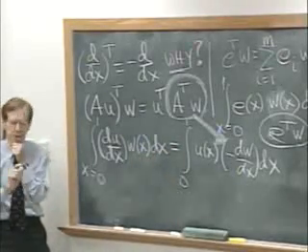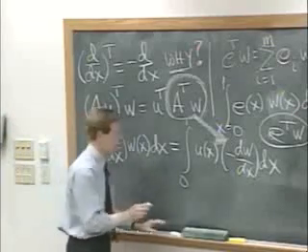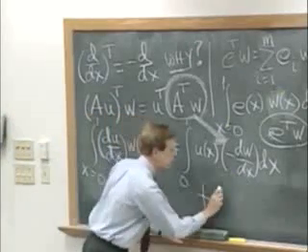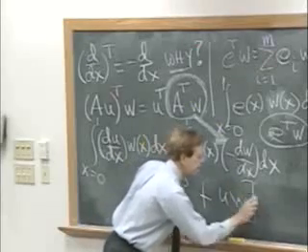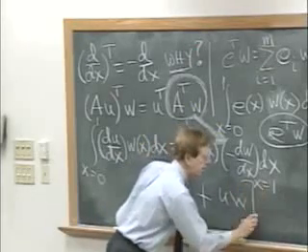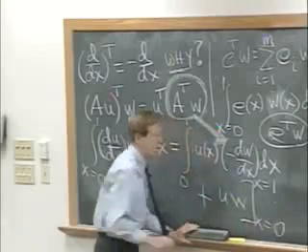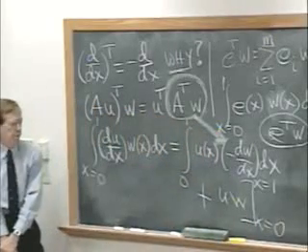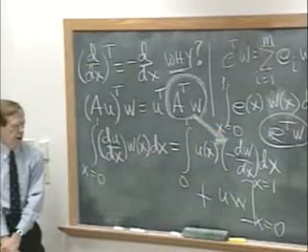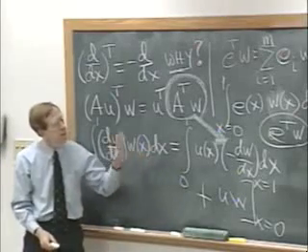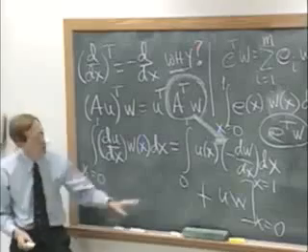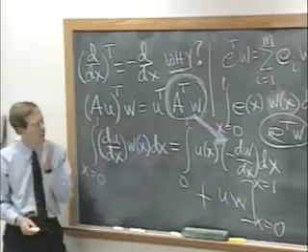There's a boundary term, and what's that boundary term? It's U times W evaluated at x equal 1, the upper limit, minus the value at the lower limit. So now I've got the integration by parts formula completed. And somehow I want this to be correct, even with this term in there.